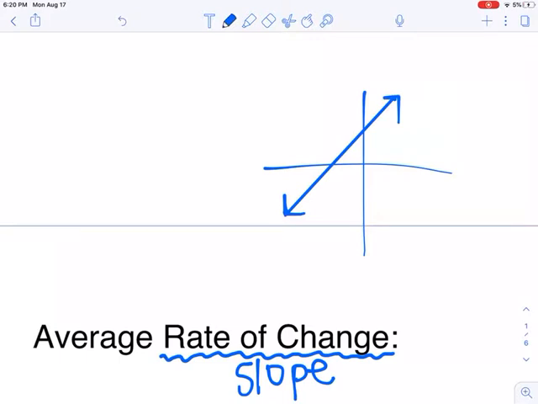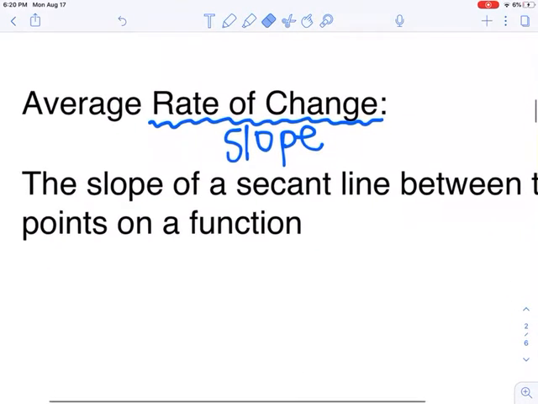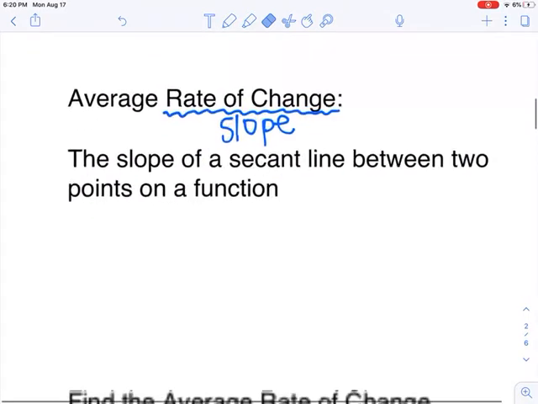All linear functions except for a vertical line have slope. Now, if we are talking about a nonlinear function like a parabola or a cubic function, those don't have a constant slope like a line does, so we have to measure what's called average rate of change.